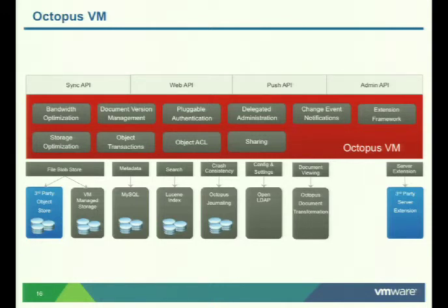It can be VM-controlled storage like VMDK or RDM. It can also be a third-party object store, and you need an adapter to hook that up with Octopus, but we can support that.